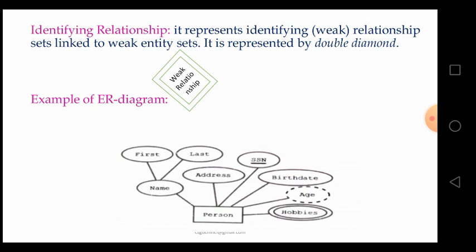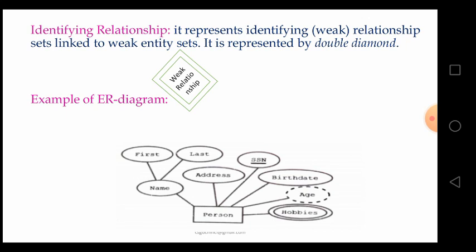SSN is the primary key. Birth date is a single-valued attribute. Age is a derived attribute. Habits is a multi-valued attribute. This is an example of an ER diagram.